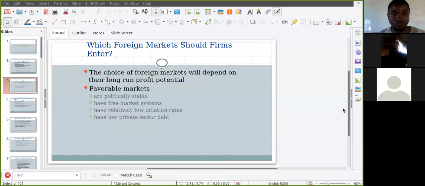Another reason for favorable markets: they have relatively low inflation rates. When we look at, for example, the quarter-dollar exchange rate, we realize that the quarter is not doing well against the dollar.